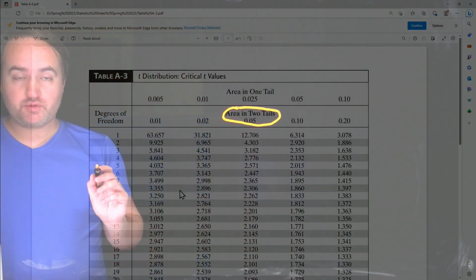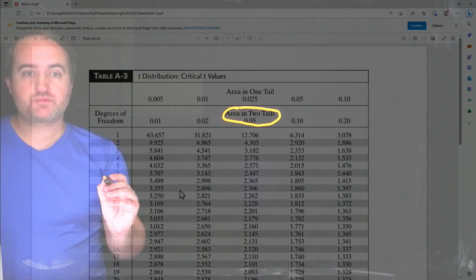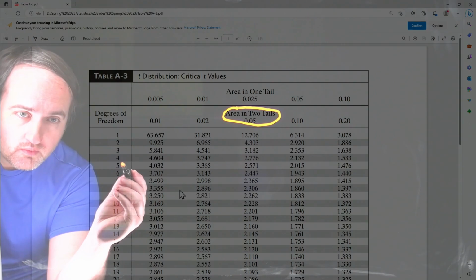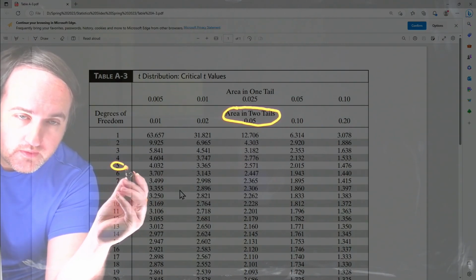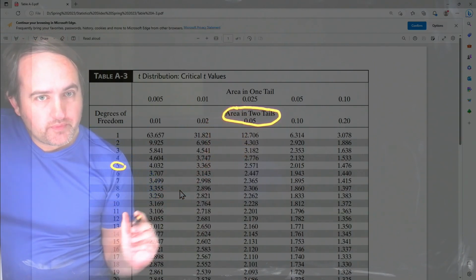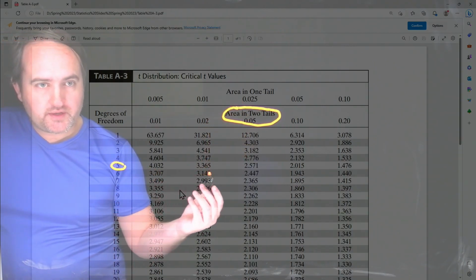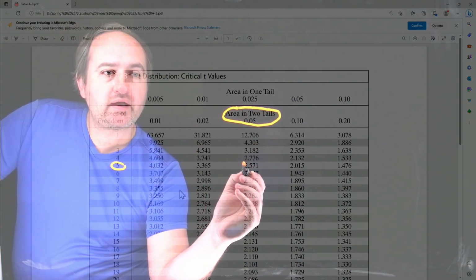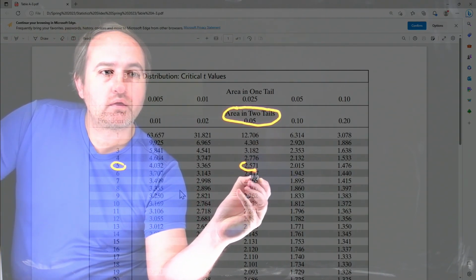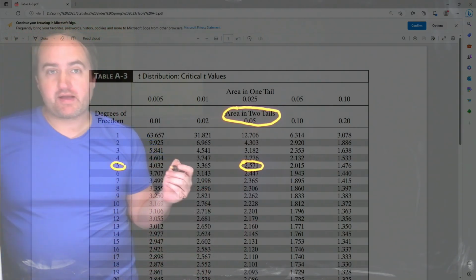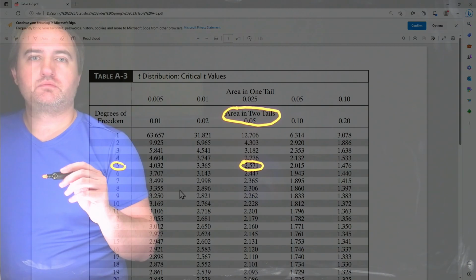And then we said our degrees of freedom was 6 minus 1, which is 5, which is actually right here. So where this row meets this column, that's going to give us our critical t value, which here is 2.571. And remember your critical value or your critical t value.